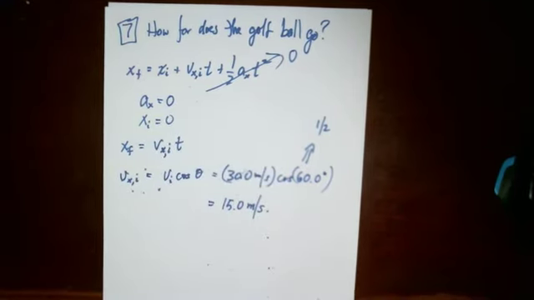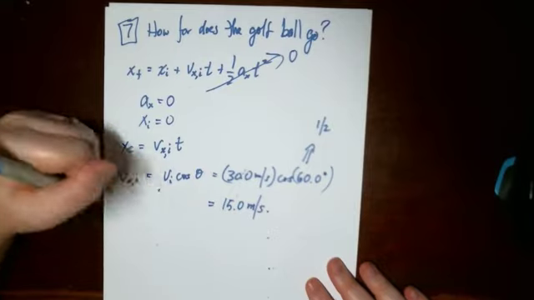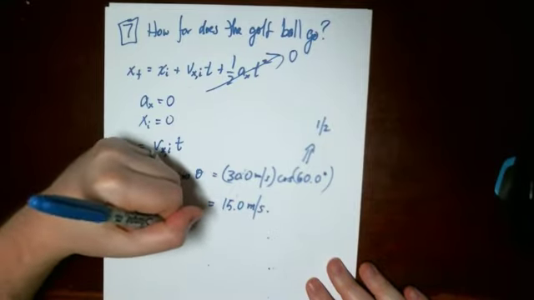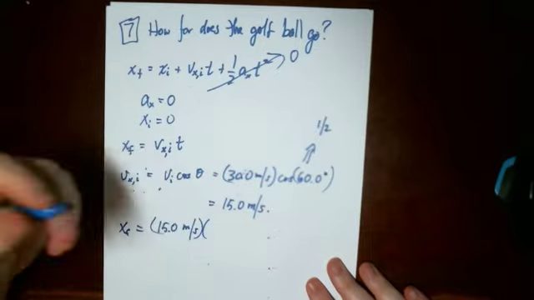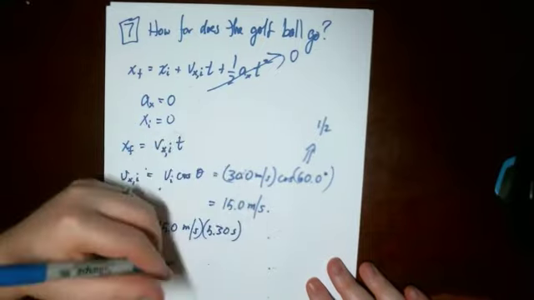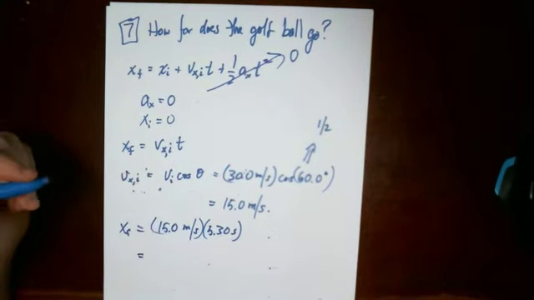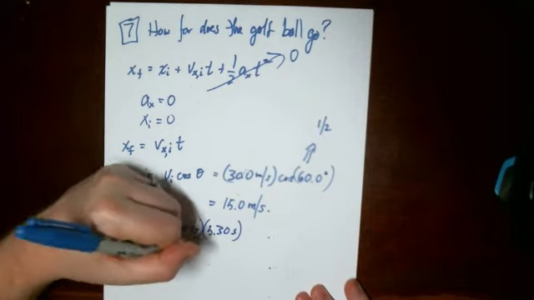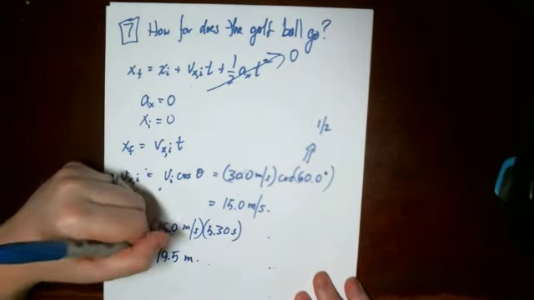Then, we already have time of flight, so we just need to plug that in. So xf is just going to be 15 meters per second times our time of flight, which we already found to be 5.30 seconds. And that should give us a distance of 79.5 meters.